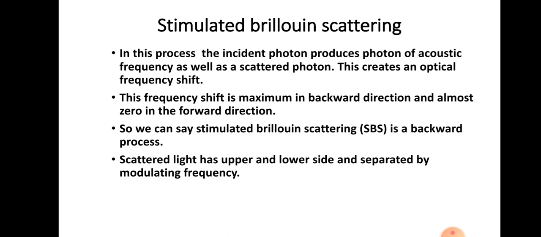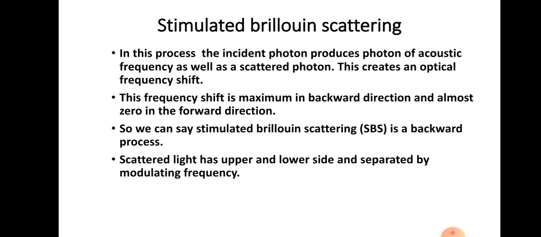See, if we are passing an optical waveform through a fiber, we know that it consists of electric field and magnetic field vectors, and due to the electric field vibrations in the incident photon, when that photon hits the molecules of the fiber, an acoustic frequency will be generated after the scattering process, and this creates an optical frequency shift, and this is what happens in Brillouin scattering.